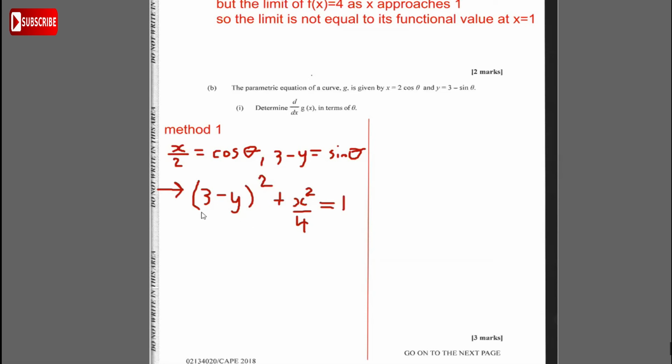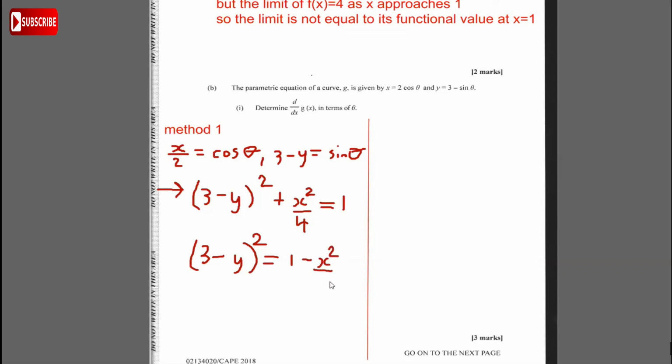First thing you can do is bring over this to get 3 minus y all squared is equal to 1 minus x squared over 4.